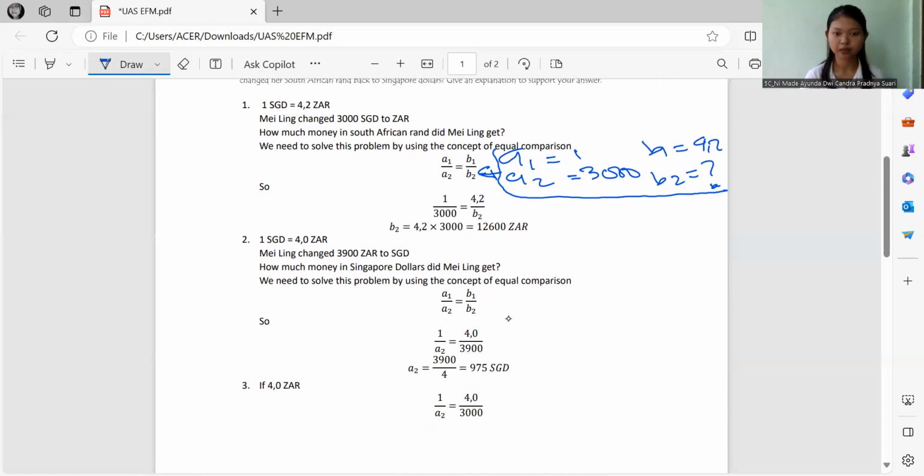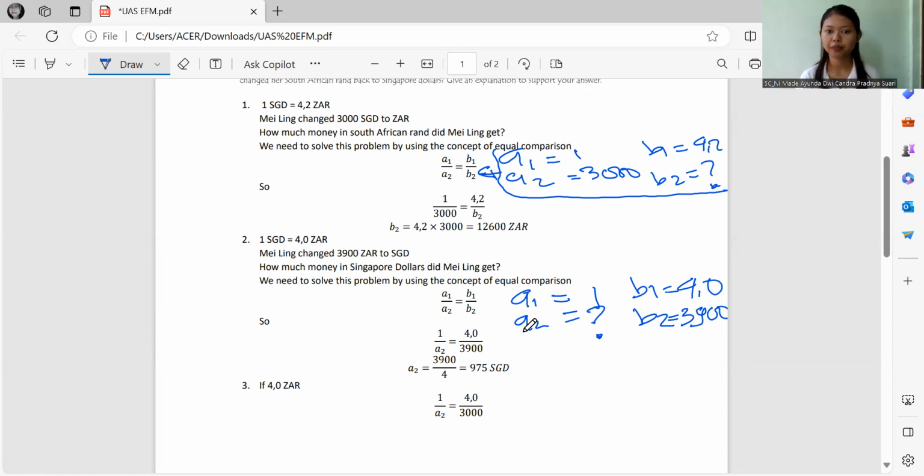From this, A1 we can write as 1, A2 is the question, B1 is 4.0 and B2 is 3,900. So from this mathematical model, I will use this in the formula.